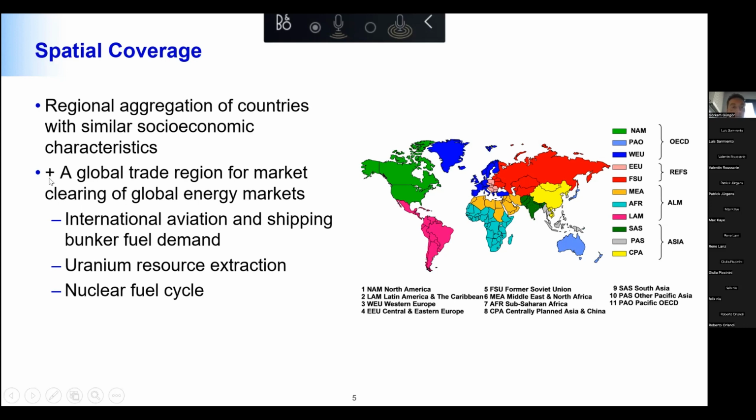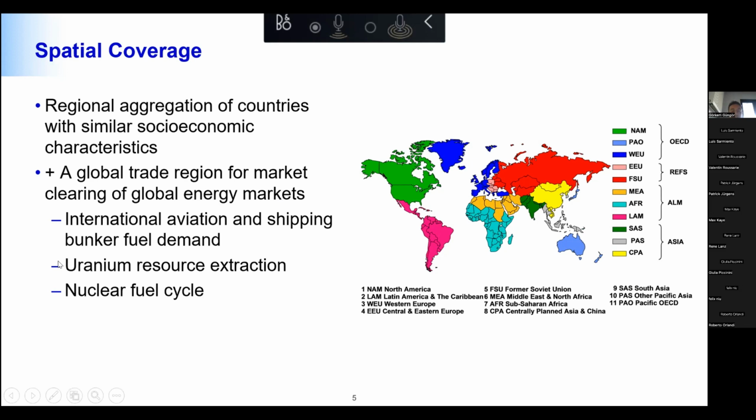Plus, we define a global trade region for market clearing of global energy markets. And there are energy sources which cannot be easily classified into national boundaries, like international aviation and shipping, bunker fuel demand, which are, again, high carbon intensity fuel sources.